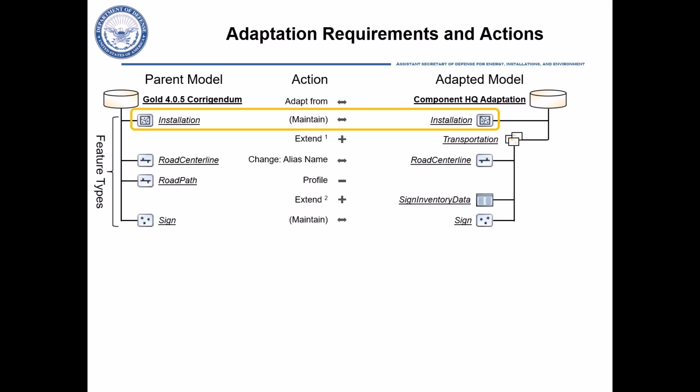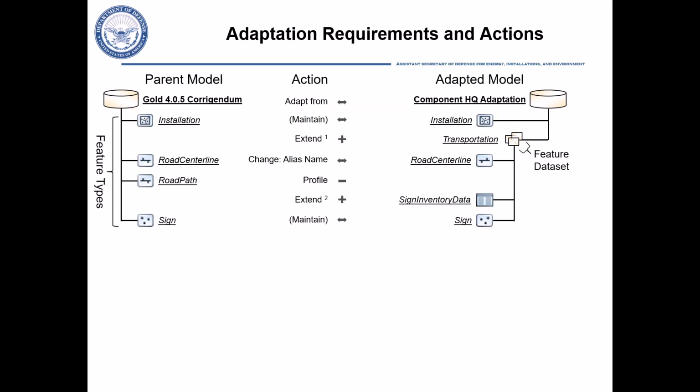The first element requirement is for an installation feature type. Because it is present in the parent model, in a form to which no modifications are needed, no action needs to be applied. By not taking a profile, extend, or change action, the installation feature type is maintained in the component adaptation.